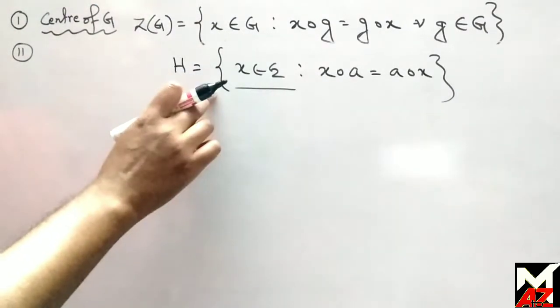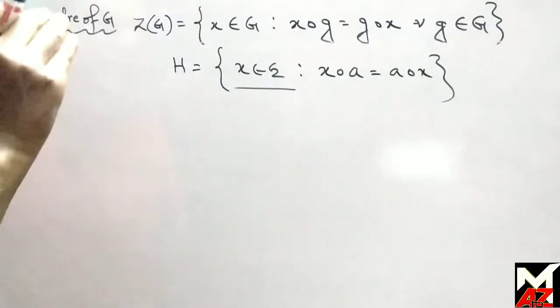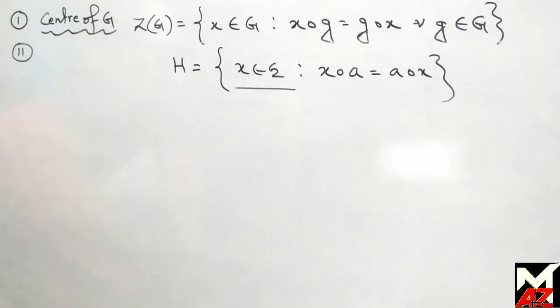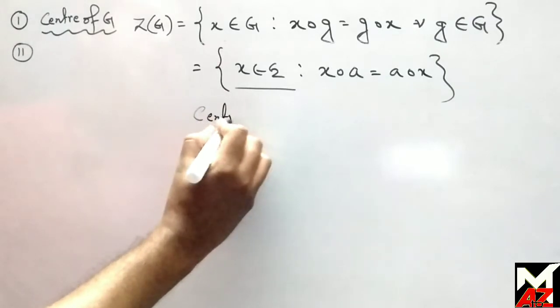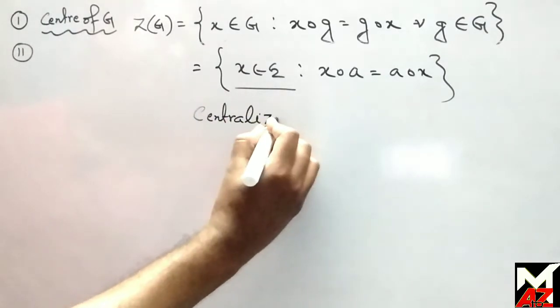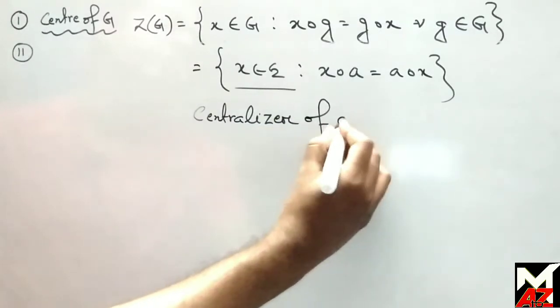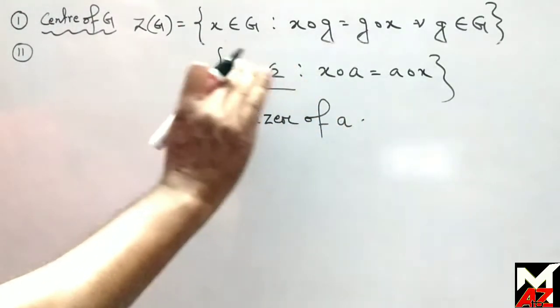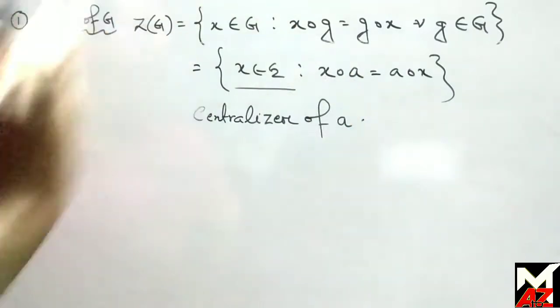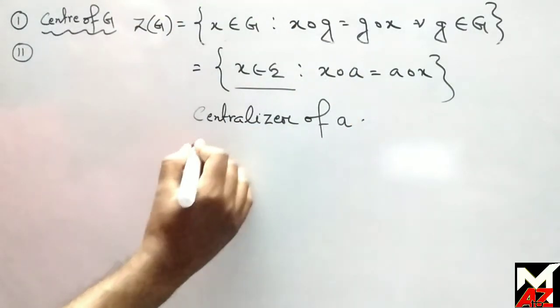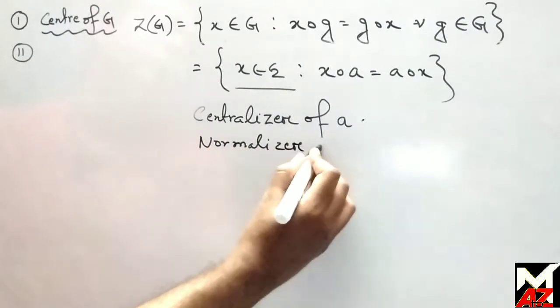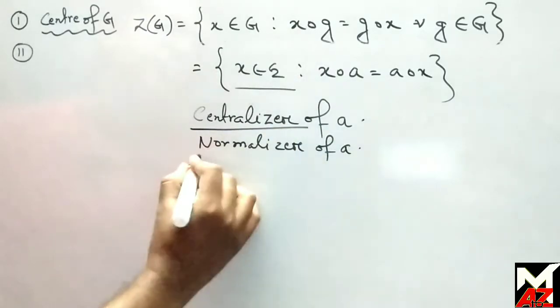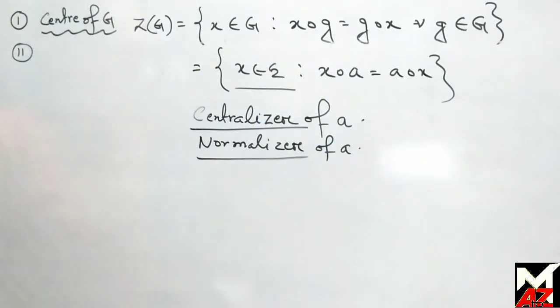And this is also a subgroup of G, and this subgroup is called the centralizer of A, because these elements commute with A, or it is also called the normalizer of A. Normalizer of A, centralizer of A or normalizer of A.